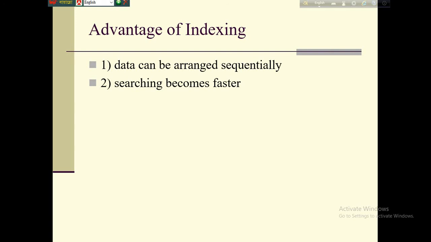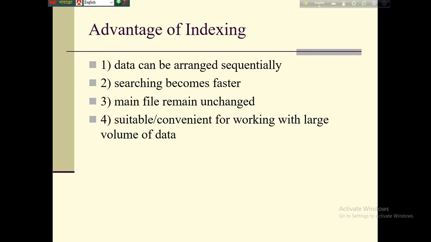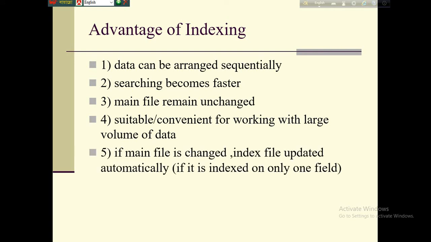So searching becomes faster if data is arranged. The main file remains unchanged, but in sorting the main file is changed. So this is an advantage of indexing. It is suitable for working with a large volume of data. If the main file is changed, then the index file is automatically changed.